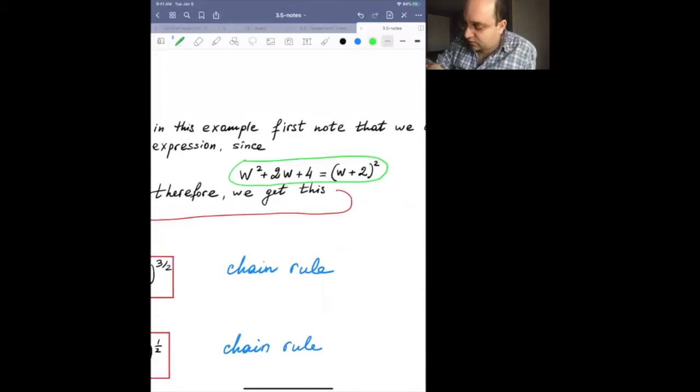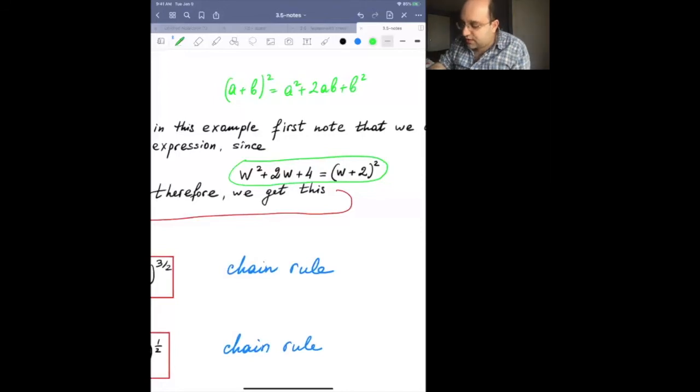Just remember the formula, which is a plus b squared is a squared plus 2ab plus b squared.